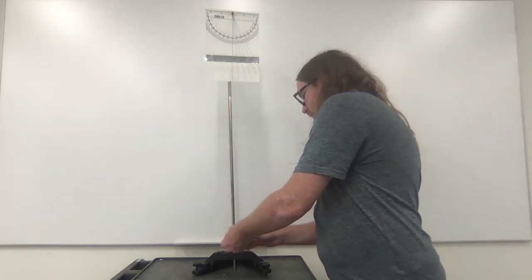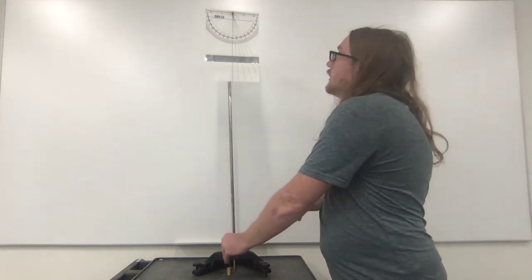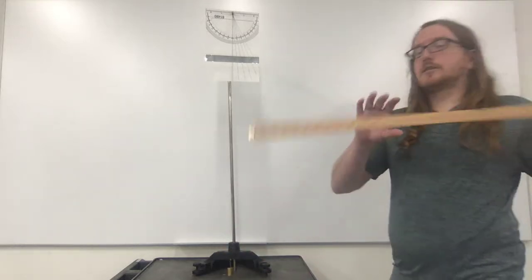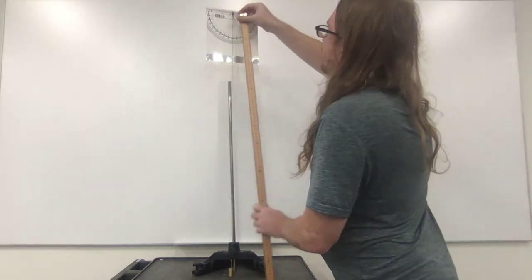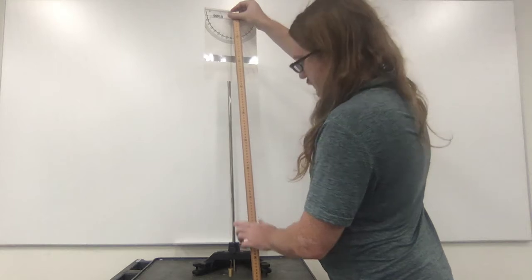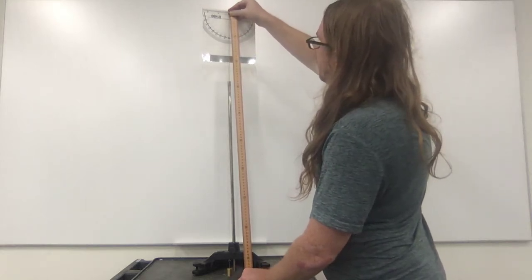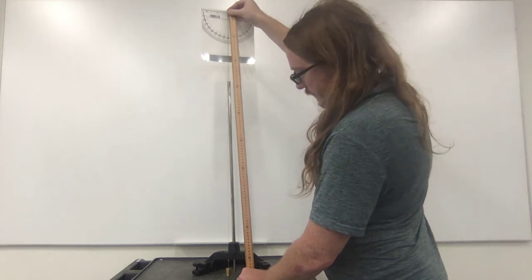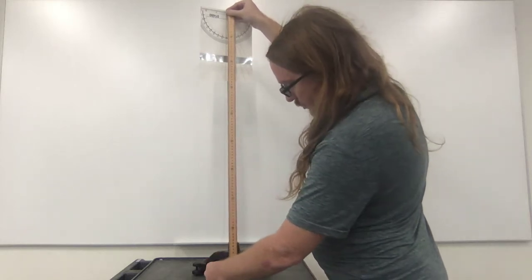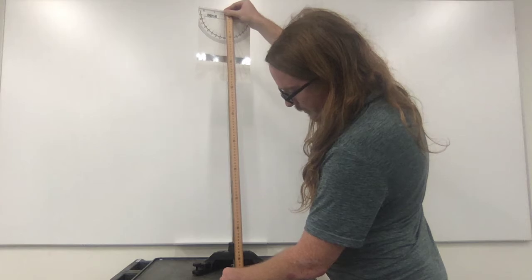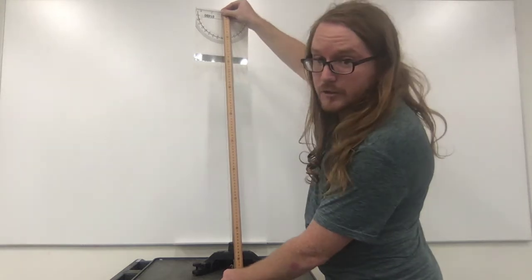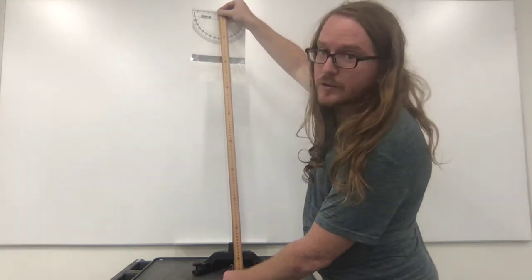But for this, what I'm going to do is take a meter stick and measure from the pivot point of the pendulum at the top to the bottom and the top of this cylinder. If I measure the bottom and the top and take the average, I'll get where the center is.